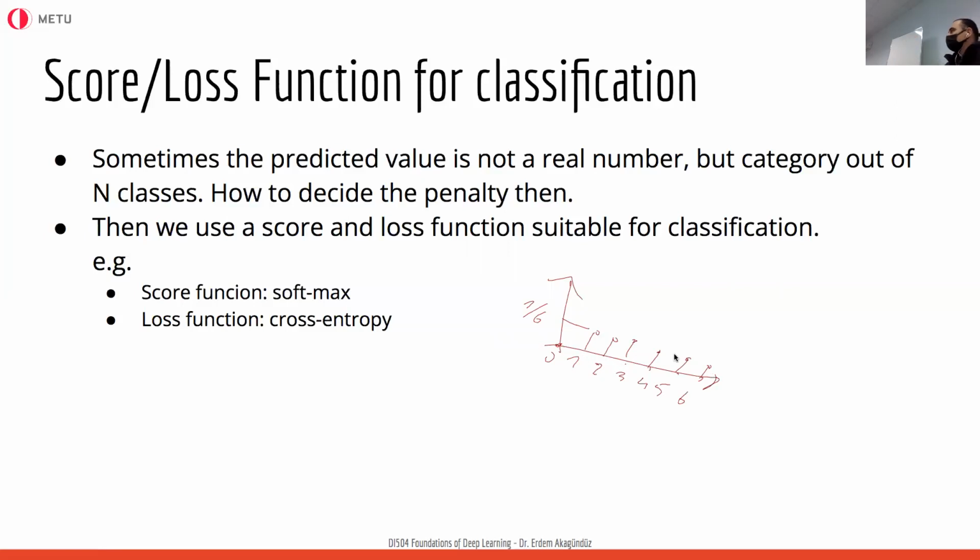Why did we define this? Because the result of a classification function is a discrete distribution for us. Well, I'm asking, is it an apple or a pear? It's a yes or no question, but it's a two-class classification problem. So even if you can decide it, the answer should be a probability distribution.